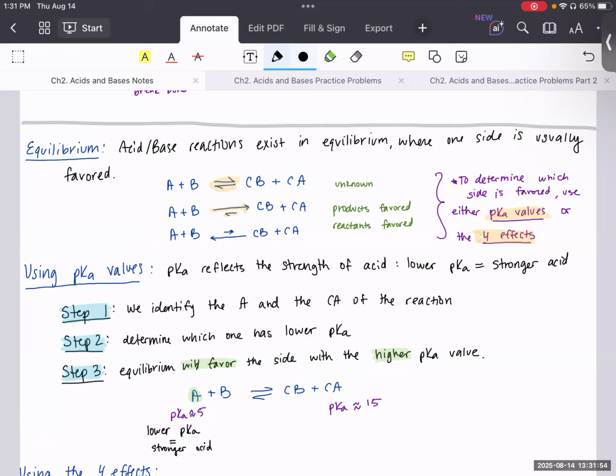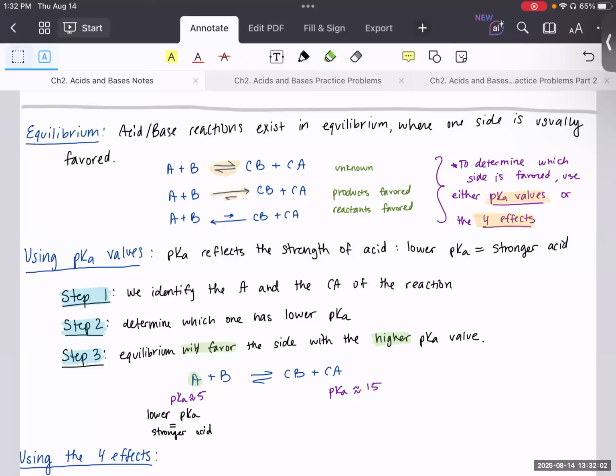And so you can imagine that if you're stronger, you want to react. You want to push the equilibrium the other way. And so if it wants to react, it obviously doesn't want to stay by itself on that side. And so what it wants to do is push the equilibrium towards the products.